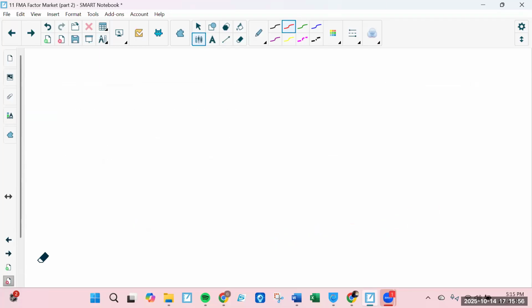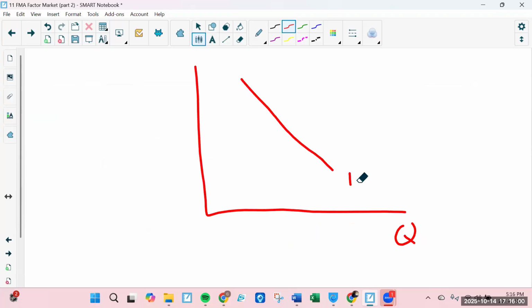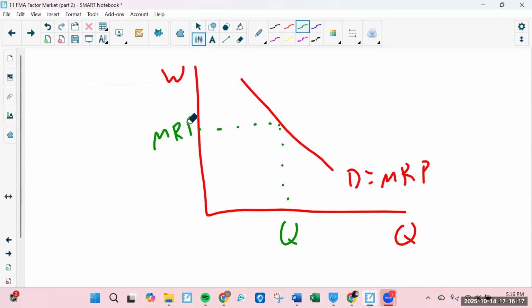Okay, so let me show you what I mean here. If we have a downward sloping demand, which is your MRP, so you've got all these possible MRPs, right? At a specific point, at a specific quantity, right here, we can get a specific MRP.